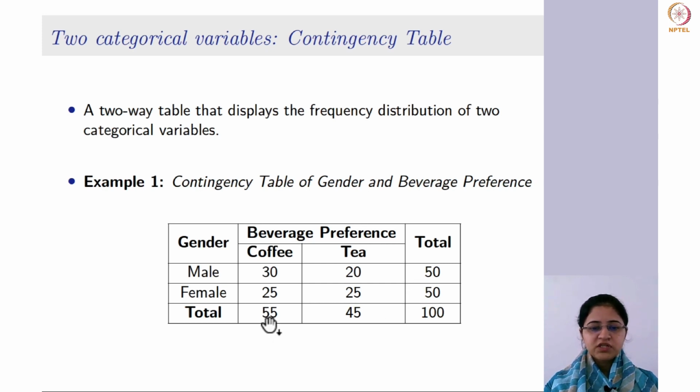Whereas if you look at this side, coffee is preferred by more individuals as compared to tea. So if you look at this one, 25 corresponds to the females who prefer coffee, or you can also see that out of the total individuals who prefer coffee, 25 are female.